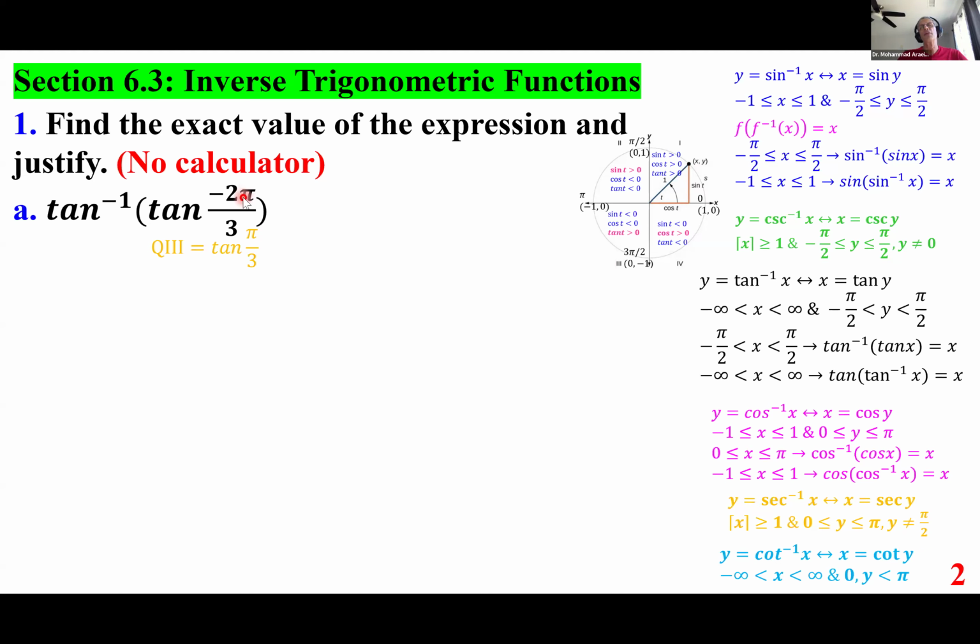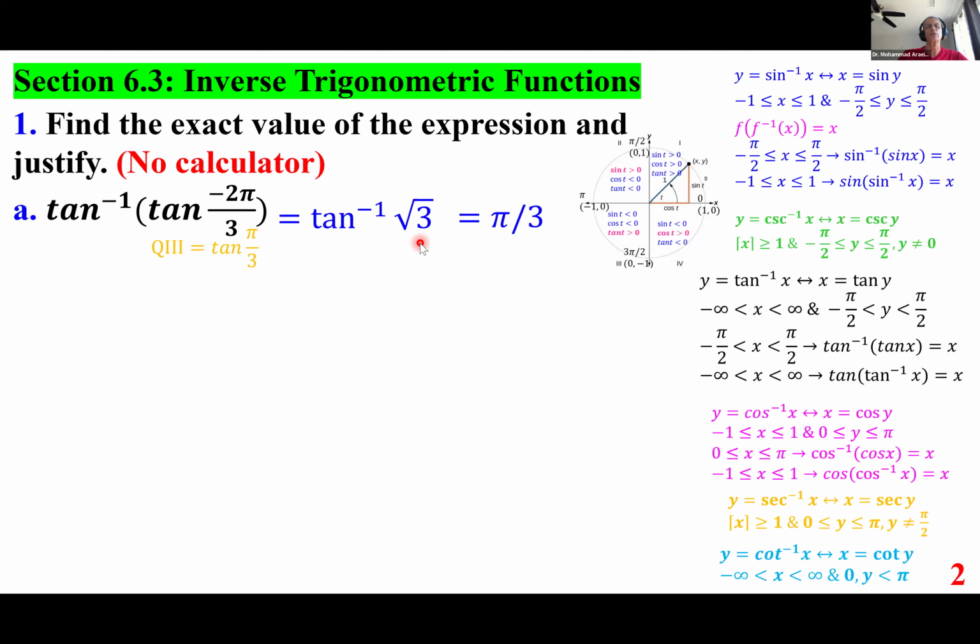Remember, the reference arc is pi over 3, and tan of negative 2 pi over 3 is the same as tan of pi over 3, and it becomes square root of 3. So tan inverse of square root of 3 gives us pi over 3. That's how you come up with the answer. So that's the concept of inverse function.